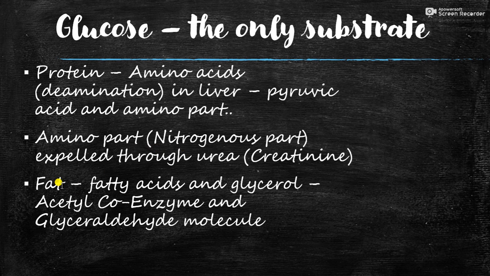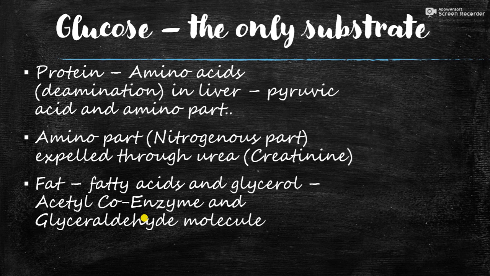And what happens to the fats? Fat will be converted into fatty acids and glycerol, and these fatty acids will be converted into acetyl coenzyme, and the glycerol will be converted into glyceraldehyde molecule, and these 2 molecules will combine with the glucose pathway, in glycolysis, in Krebs cycle.